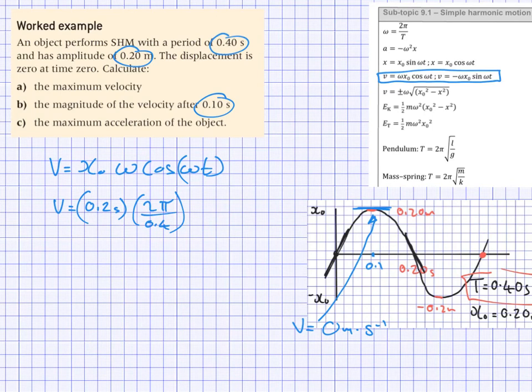And then cosine of, once again, omega, which is 2 pi over 0.4, multiplied by the time, which in question is 0.1. Plug all that into your calculator, and what do you get? Drum roll, yes, indeed, you get 0.